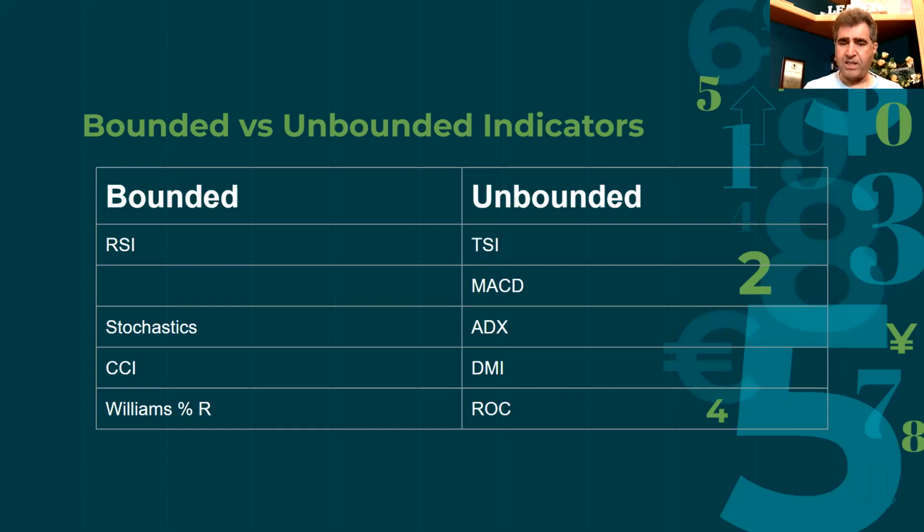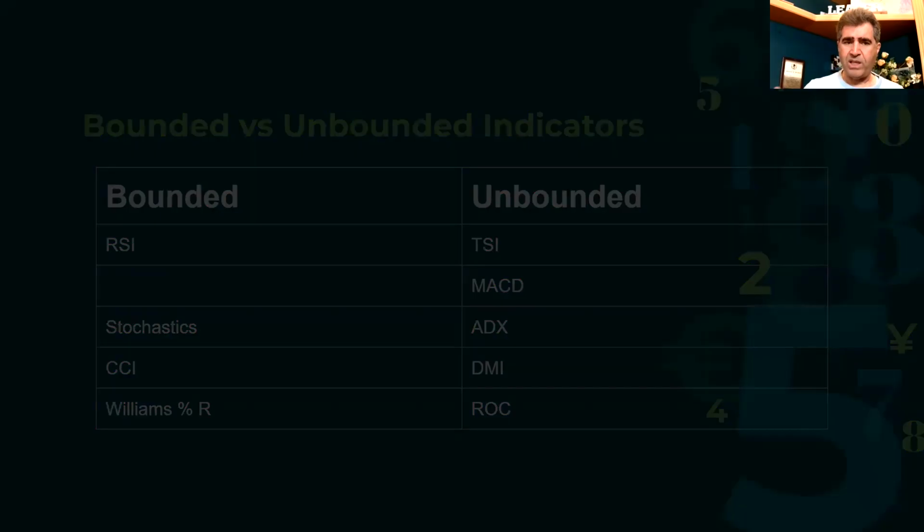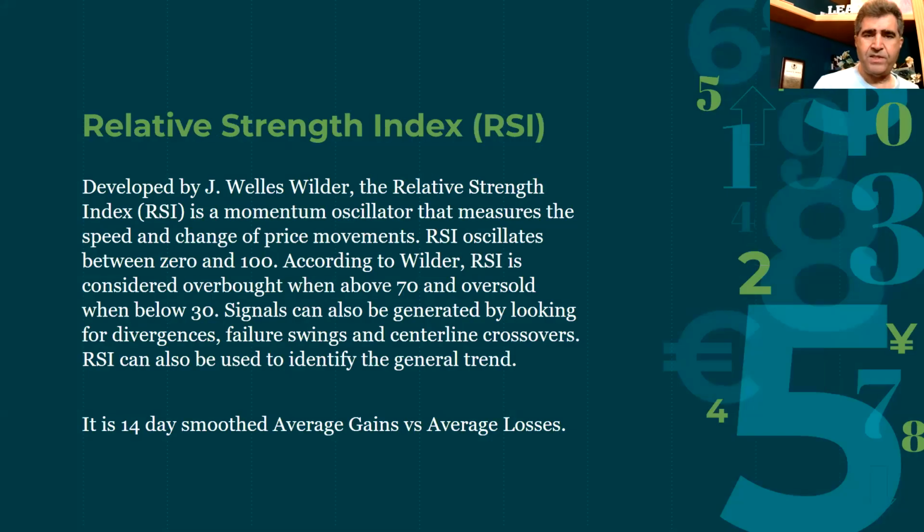ADX is the same thing, DMI, whether positive or negative, and rate of change, or ROC. So these are unbounded. So I just wanted to refresh your memories on the technical indicators so you can differentiate them. And with that in mind, let's talk about first the relative strength index, which was developed by Welles Wilder.